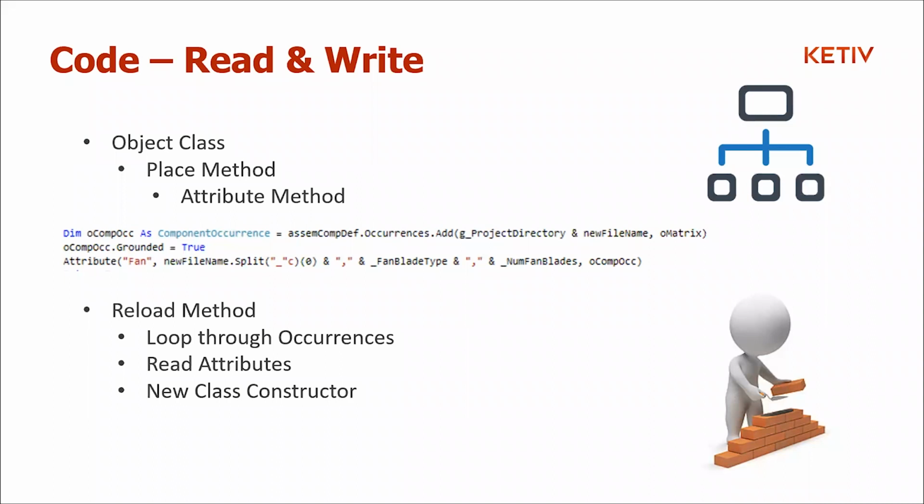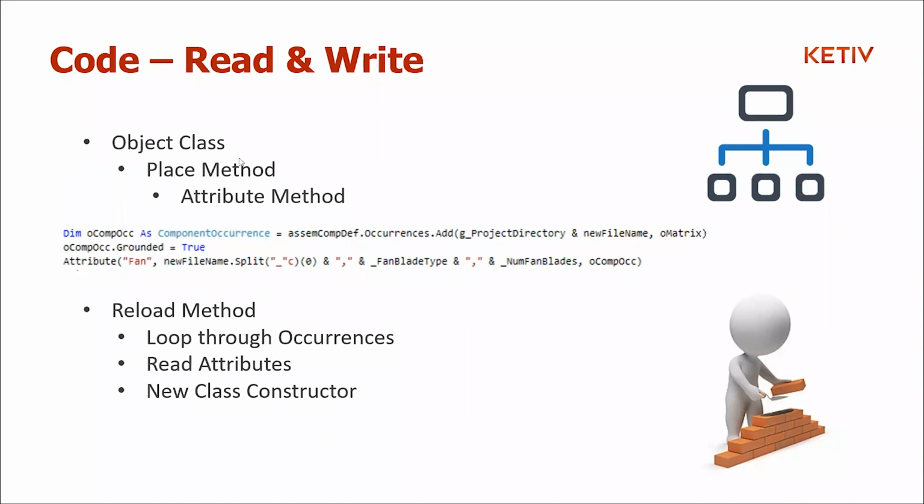Kind of following those object oriented programming principles of encapsulation, so you can just call fan dot attribute and pass in what it needs. Each of those attribute methods are actually called from the place method of each. When we call fan dot place, it calls that attribute.